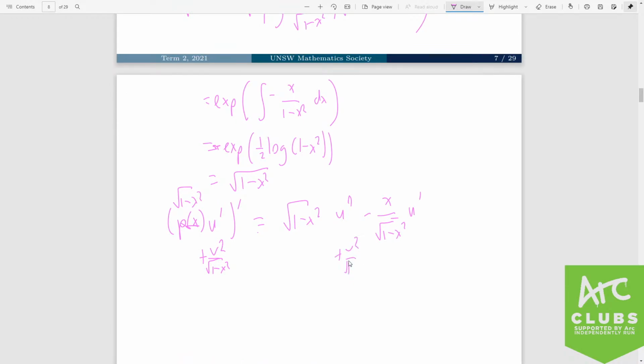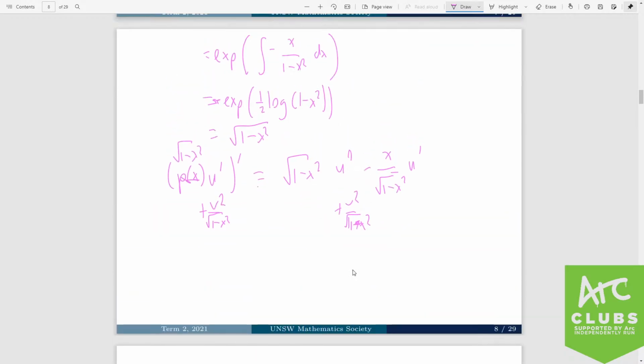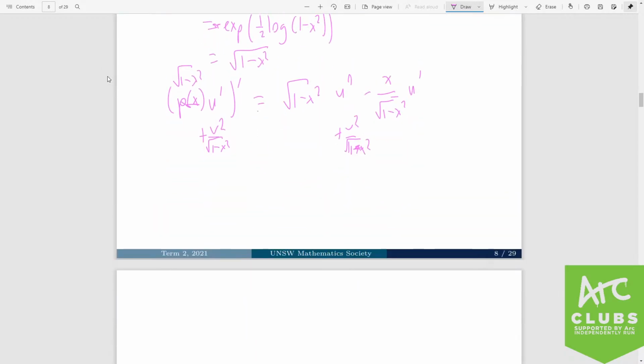And then our equation is equal. So just rewriting it to make it nicer, we have square root of 1 minus x squared u double dash plus ν squared over square root of 1 minus x squared, times u. I keep forgetting this u.